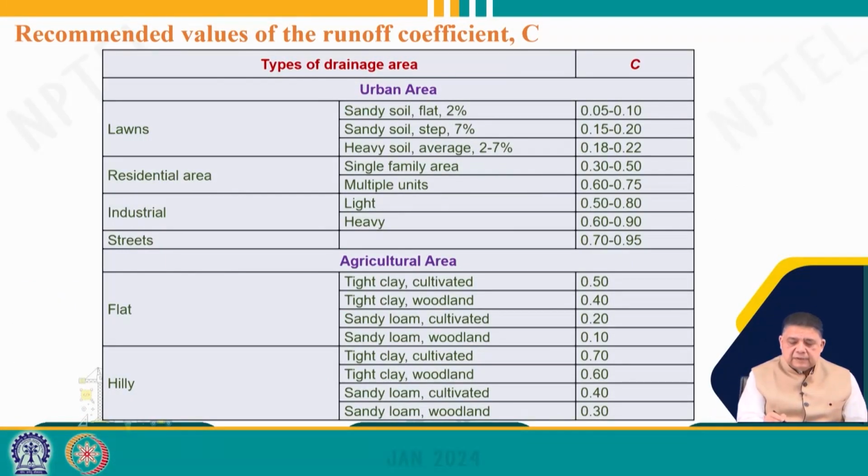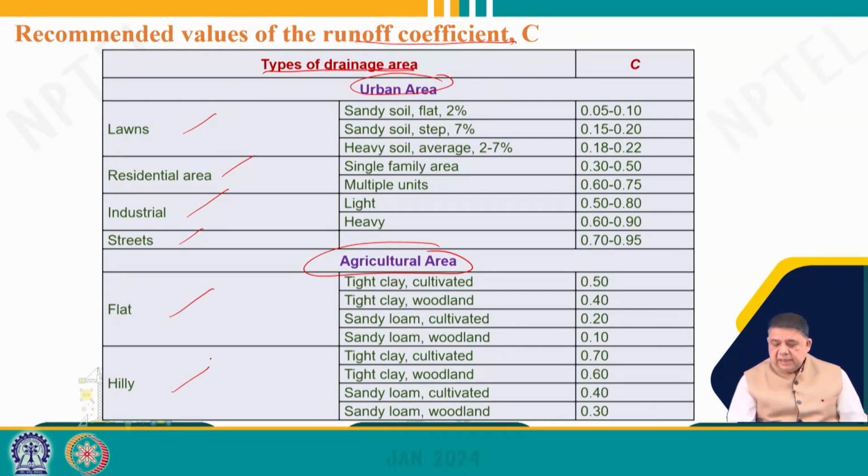This is the recommended value of runoff coefficient C for different types of drainage area. Here we have urban areas and agricultural areas. In urban areas we have lawns, residential areas, industrial areas and streets, and in agricultural areas we have flat lands and hilly lands, and as you can see the values vary. For example, for flat sandy loam cultivated land the value is 0.2, while for sandy loam cultivated under hilly regions the value is 0.4.